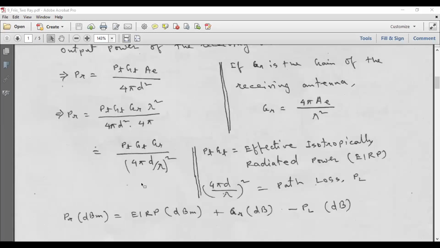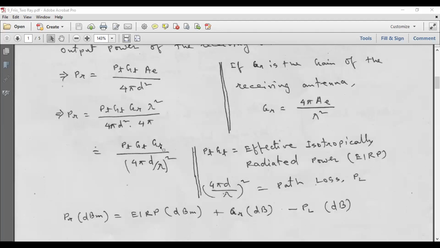And secondly, the denominator is called path loss. In the numerator, all the terms you have, as you increase them, your power reception increases linearly. If you increase the transmit power, your receive power increases linearly.